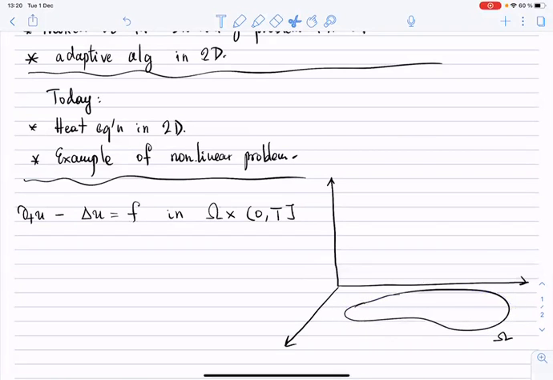Okay, so this one is here x2, that one x1, and here we have a time axis. Then we are going to solve our PDE inside this omega subject to this time.